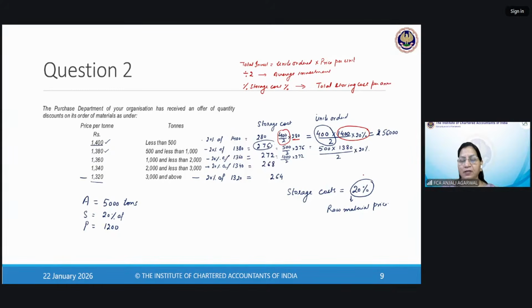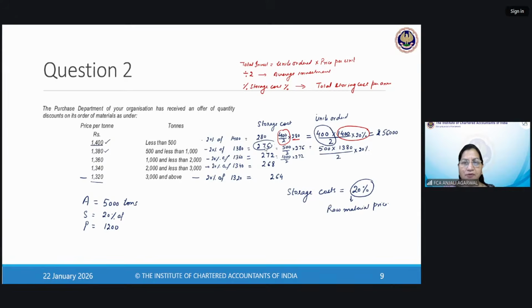So if raw material storage cost is given in percentage form, not in absolute form like 1 rupee, 2 rupee, 10 rupee, 100 rupee, then either you can go in one shot, 400 by 2 into 1400 into 20%, 500 by 2 into 1380 into 20%, or else you can first apply the 20% on the raw material price to find out the cost of holding 1 unit for 1 year.